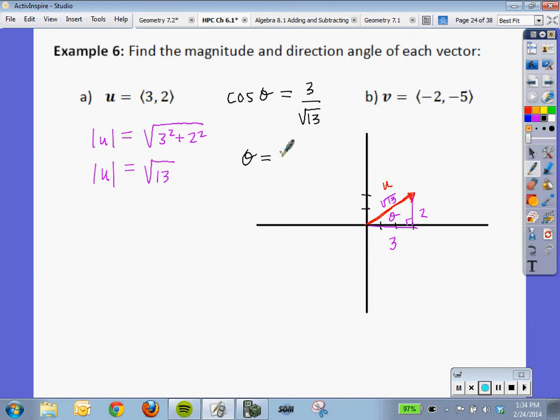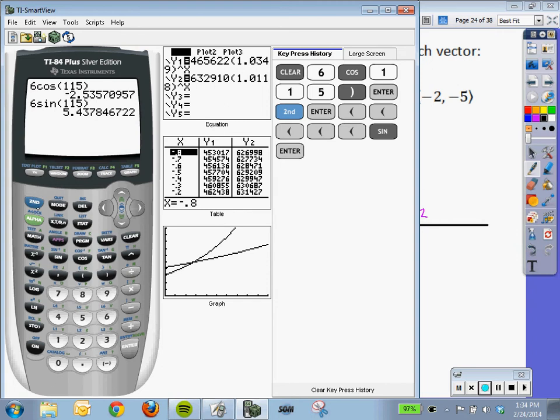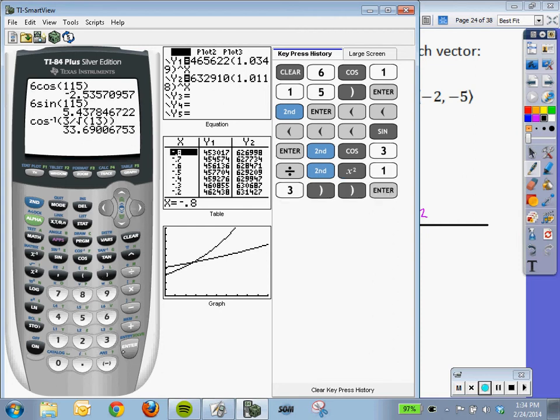So I can say that the inverse cosine of 3 over the square root of 13 is equal to, all right, 33.7.